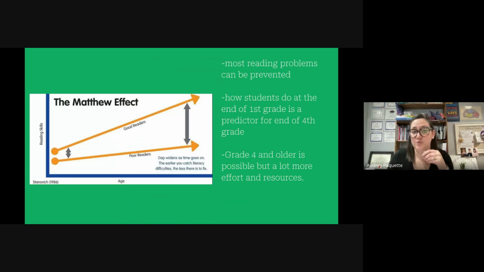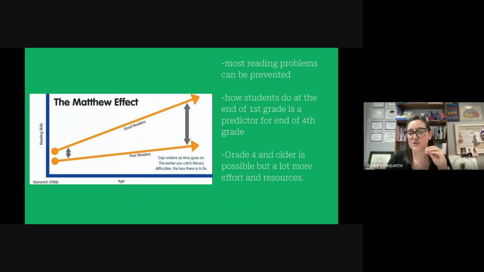We also know that most reading problems can be prevented. We know that 90% of students can actually catch up with intervention and be at level. So we know that it's there. We know that how students do at the end of 1st grade is a predictor for the end of 4th grade. So that's pretty powerful.